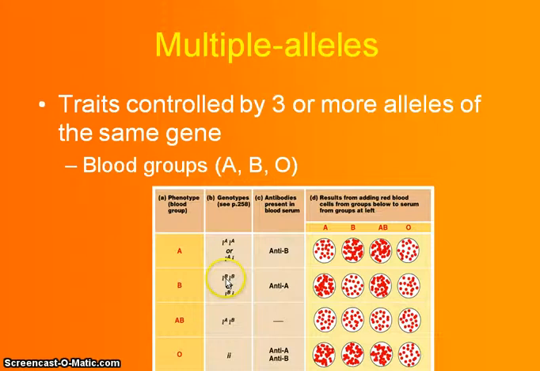You could have a B allele, which is also dominant. It's a capital I with a capital B superscript. And you could also have the recessive allele, which is a lowercase i that they use to represent that. So there's 3 different alleles that can be combined, still in pairs, to give us all of our different blood types. So those are multiple allele traits.